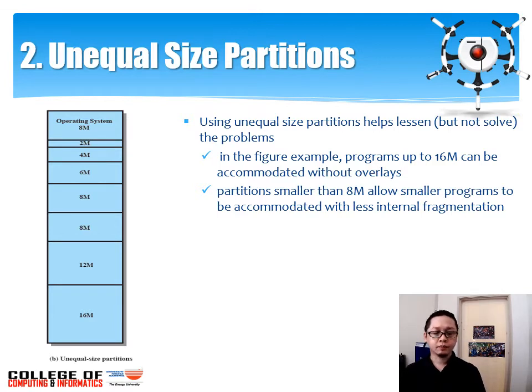So now, instead of just having the same 8 megabyte partition for every process to use, this time it has a variety of memory partitions that can be used by a process as needed. Perhaps a smaller process can use the 2 megabyte partition, and a bigger process can use a 12 or 16 megabyte partition. So now we have a choice of partitions that can be used by these processes.